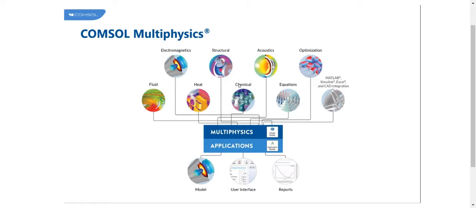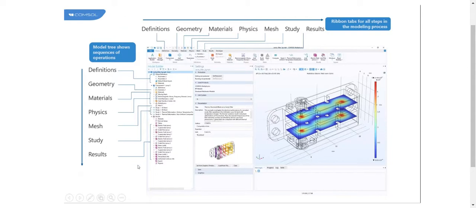Many of us are COMSOL users who might have seen the graphical user interface. Here you will find the definitions, geometry, materials, physics, mesh, study, and results nodes. So basically, we follow a top to bottom approach.